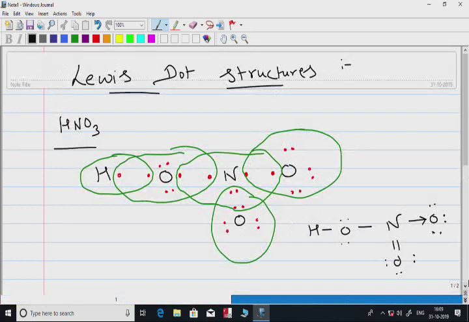I have told you one method to determine the number of bonds. First of all, check how many bonds will be formed in ClO4 minus. And tell me, how many total bonds will be formed in that structure?